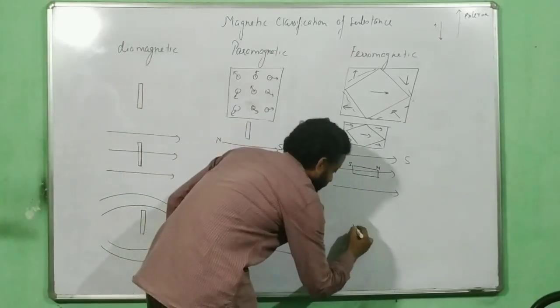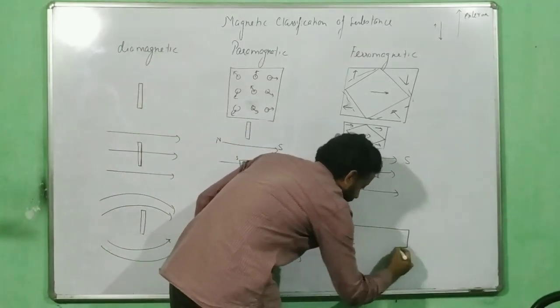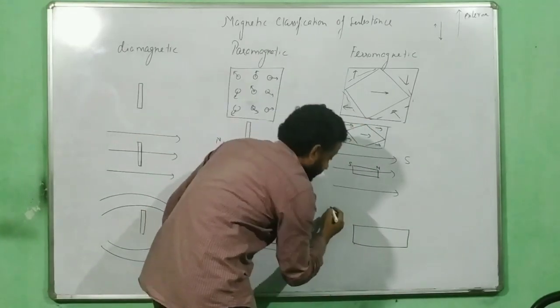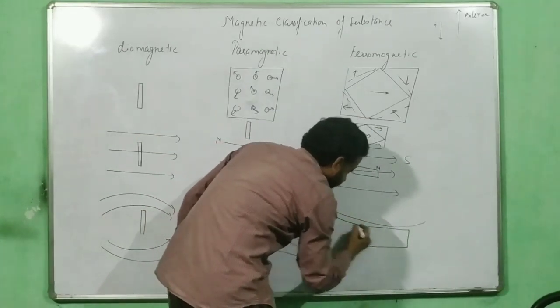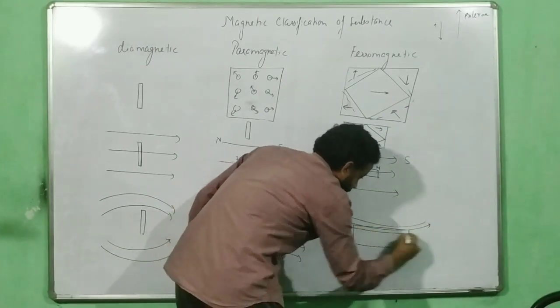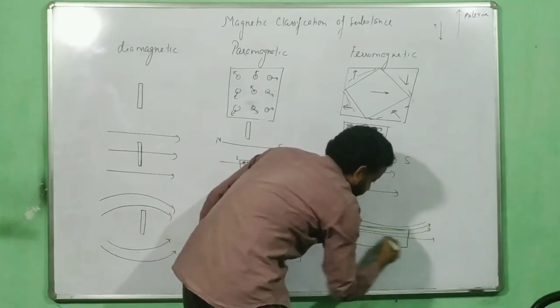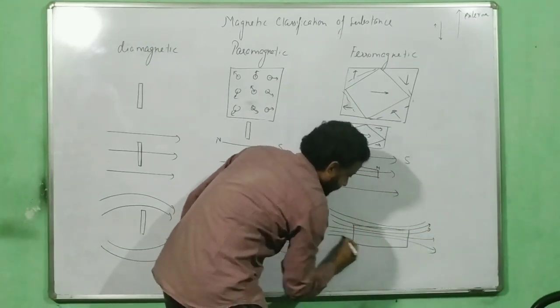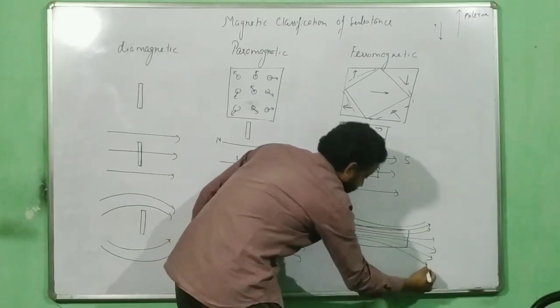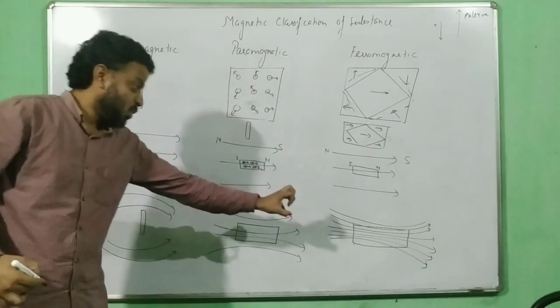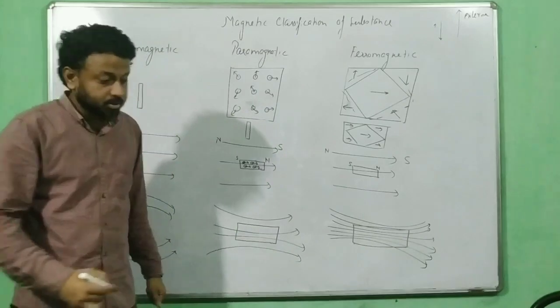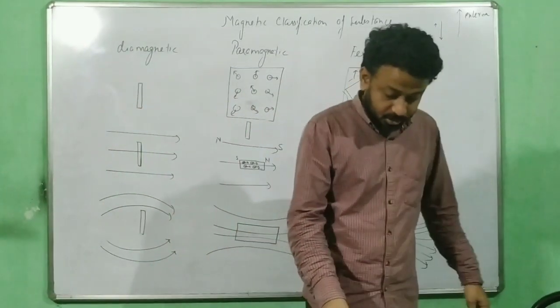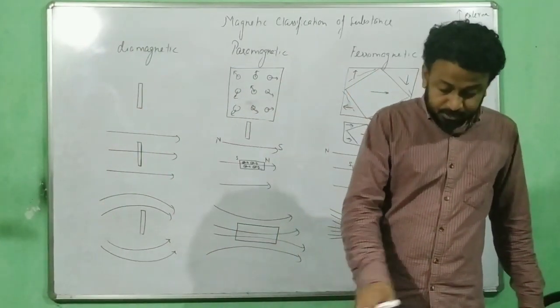And what about ferromagnetic? The attraction is very strong. So you can see here the field lines get compact. I mean, they come very close. Okay. So that is how they will ask you to draw the field variation also.